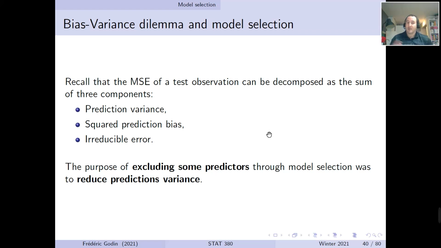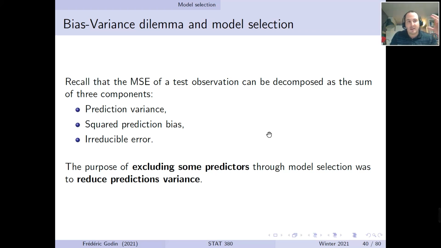So just as a quick reminder, the reason why we wanted to select predictors within a regression model instead of keeping them all is because we wanted to reduce the variance as much as possible. We saw in the variance-bias trade-off that to get the best expected squared error for new observations you predict, you need to have both small variance and small bias.